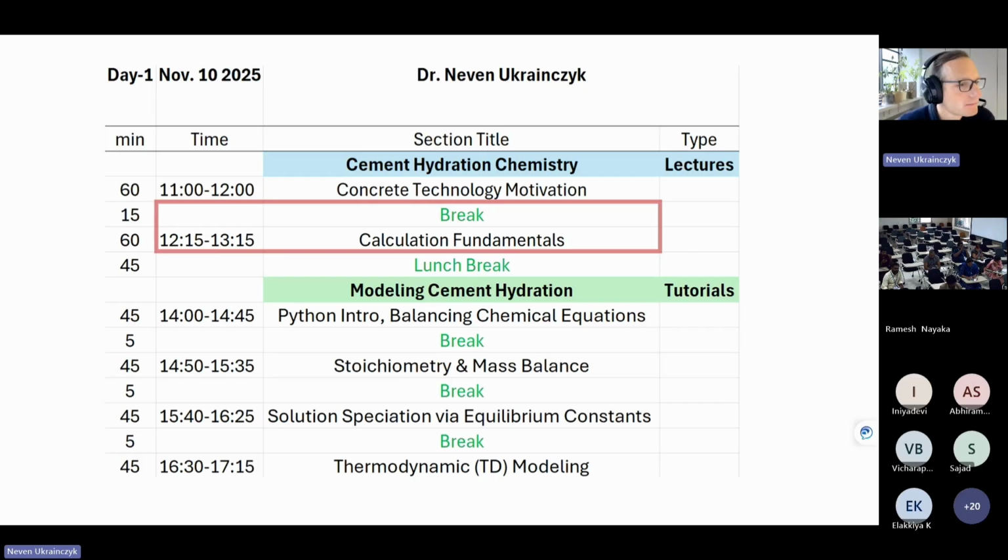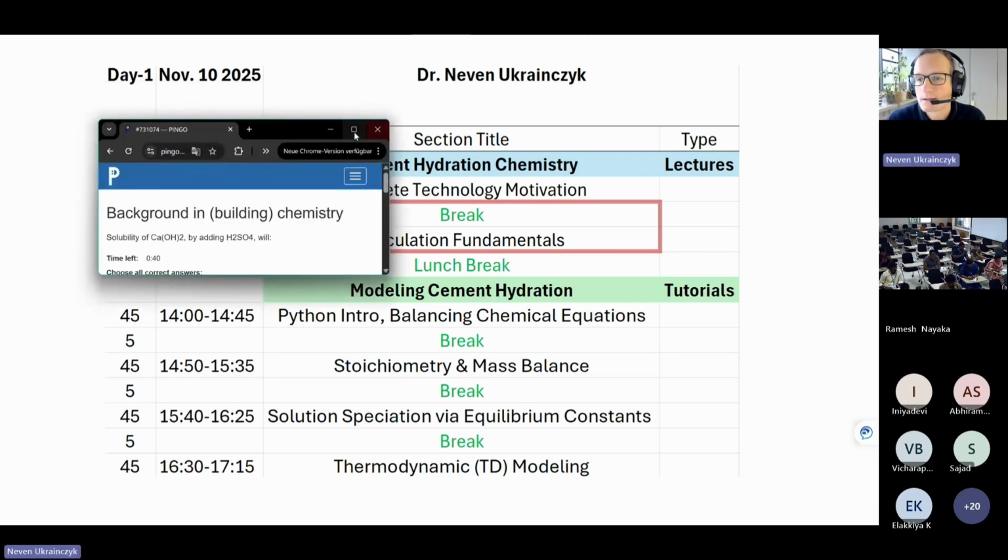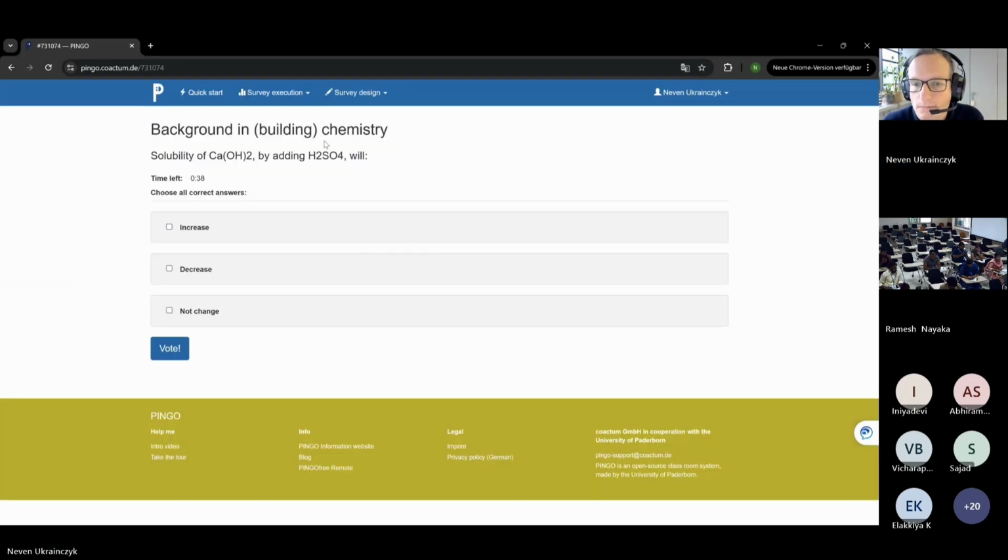Do you see the question now? If you can answer again. Now you see this kind of question: the solubility of portlandite, if you would add acid, would it increase or decrease?